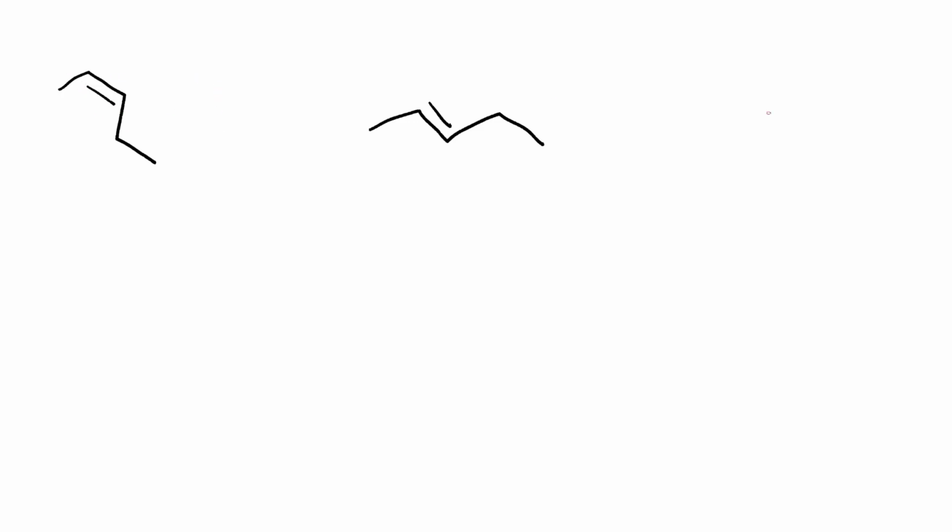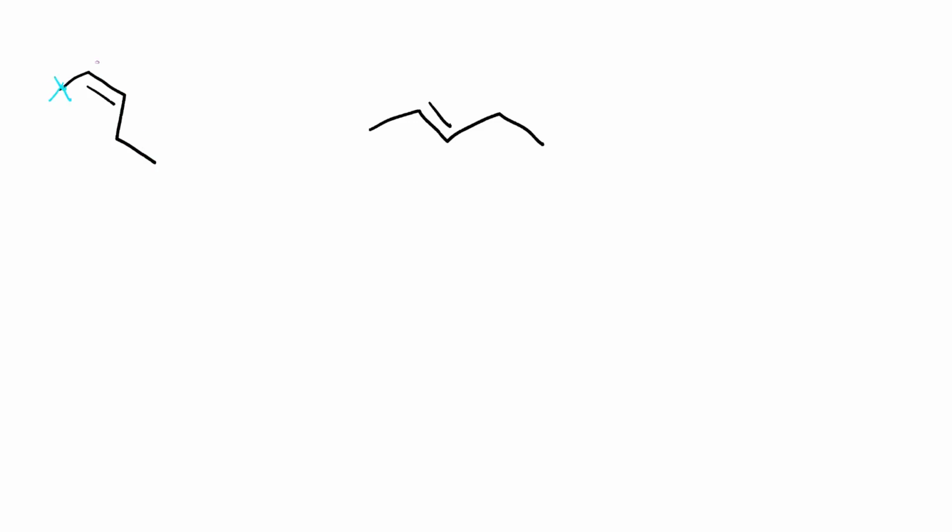For this one, you first want to count out your carbons. So we have 1, 2, 3, 4, and 5. So 5 carbons, and we have the same amount of carbons on each one. After that, if you're still not certain, you can count out the hydrogens.